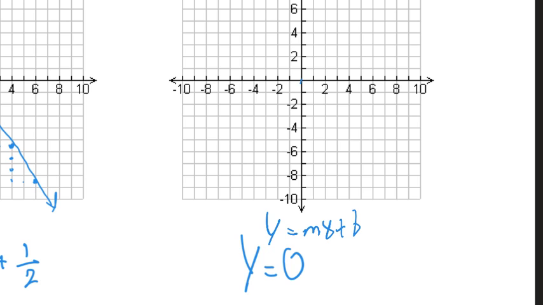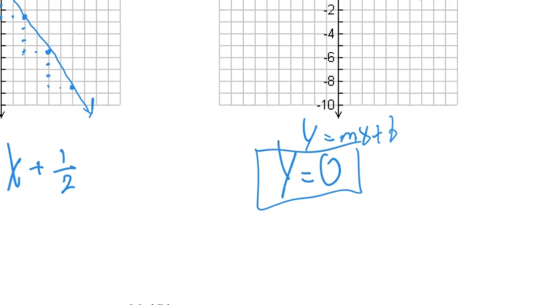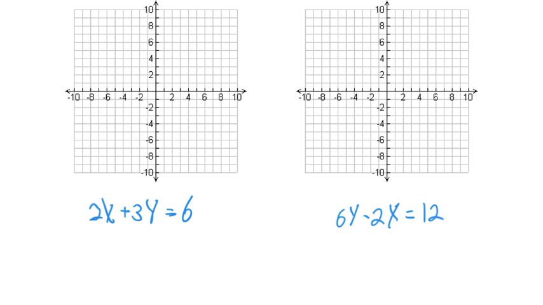The b number is 0. The y-intercept is 0. And the slope is 0, meaning it's not going up or down at all. So we could actually make a line on the x-axis and say the x-axis is the line y = 0. Okay, guys? Should be easy for you, I hope.